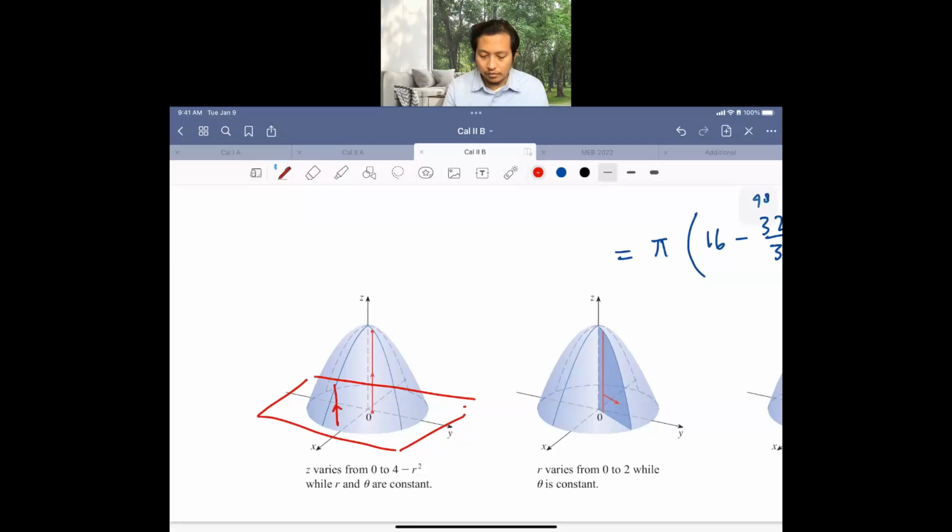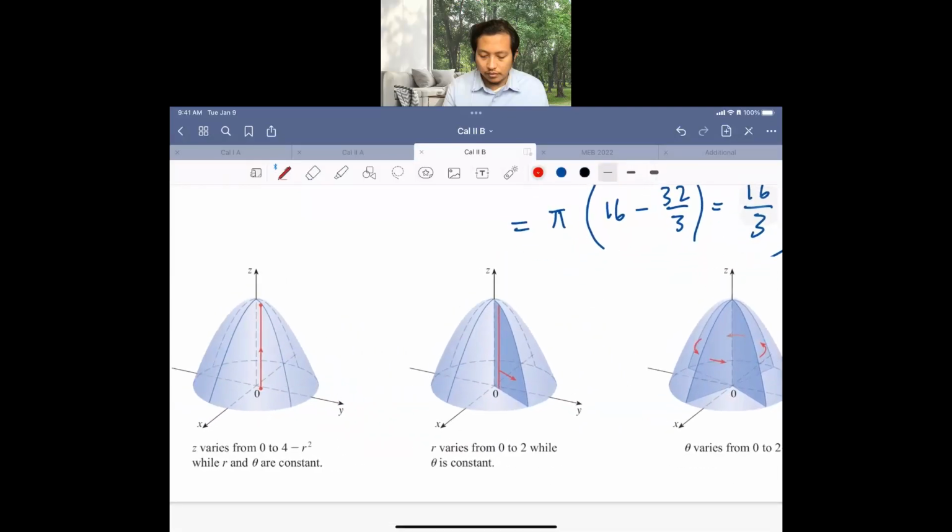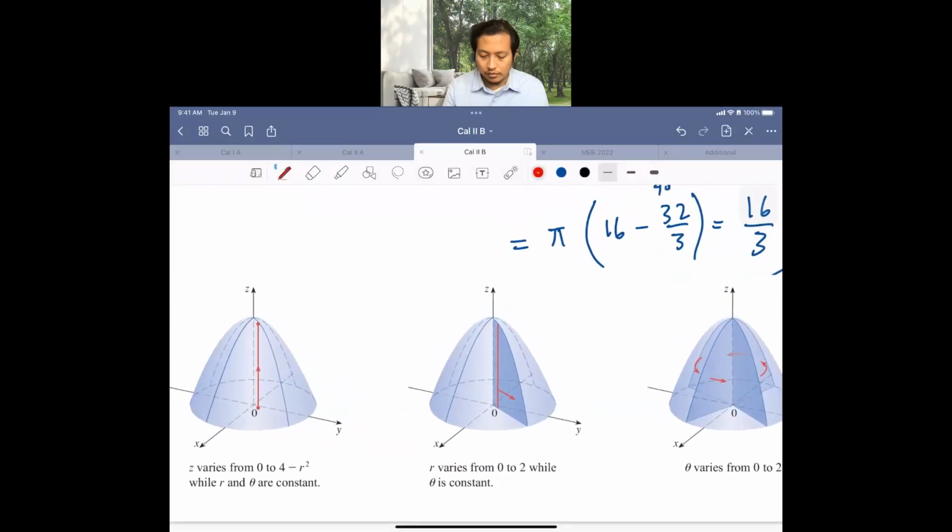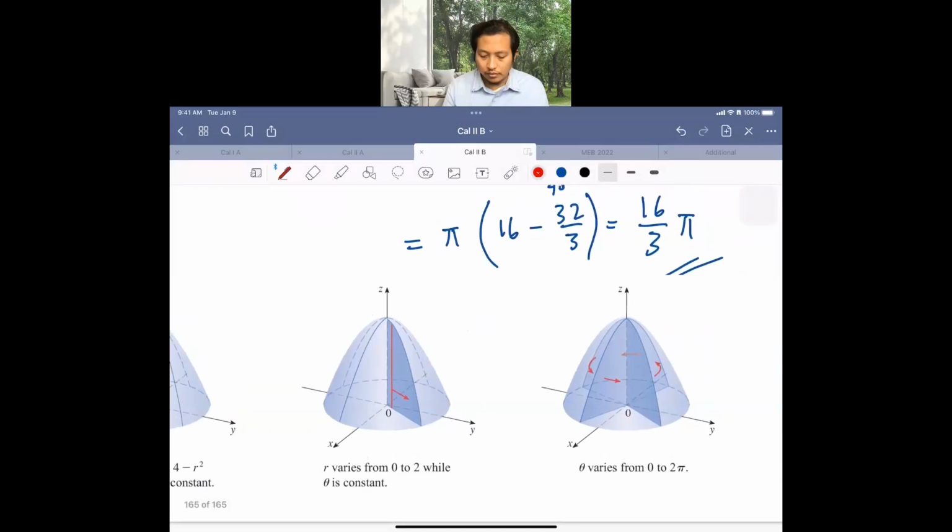This, right? Okay. And then for r, it's just from 0 to 2. There's no other obstacle. And then you rotate the angle from 0 to 2 pi. Okay?